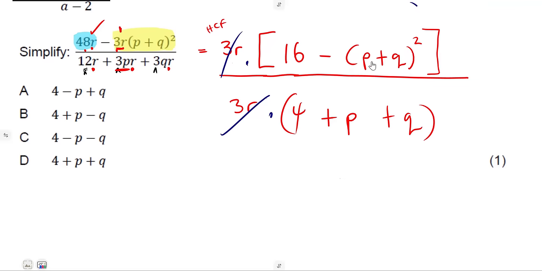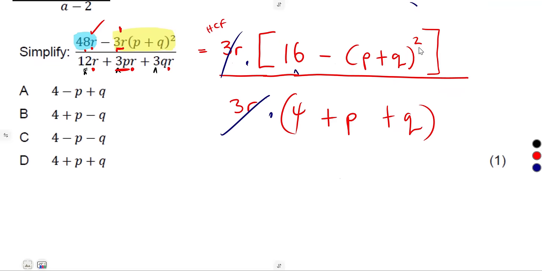Looking into the numerator, guys, we can see that there are two terms again. 16 and this whole bracket being squared, separated by this negative. And thus being a difference of two squares.